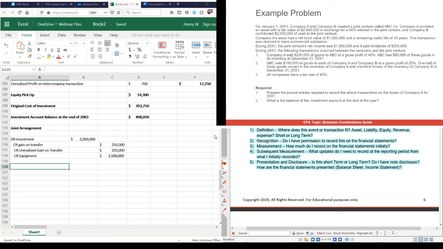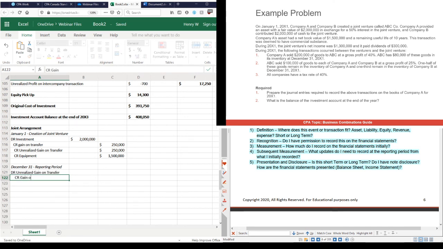Now, on December 31st. So actually, let me just write up here. This is what's happening on January 1st. December reporting period. Debit unrealized gain on transfer.